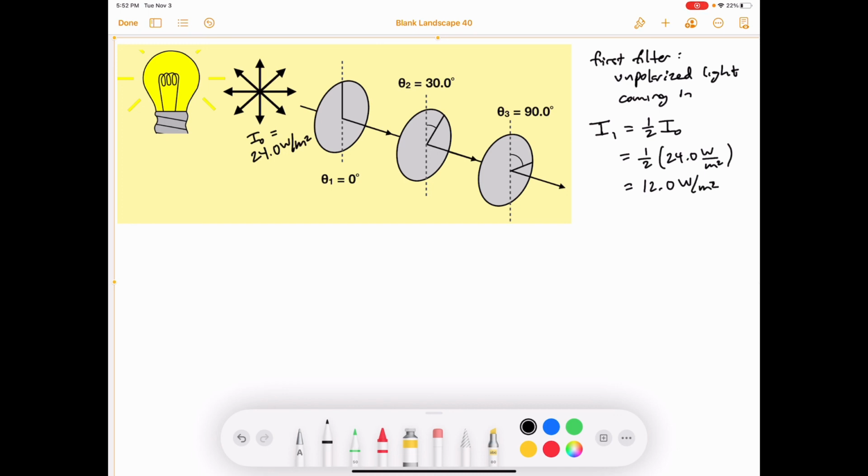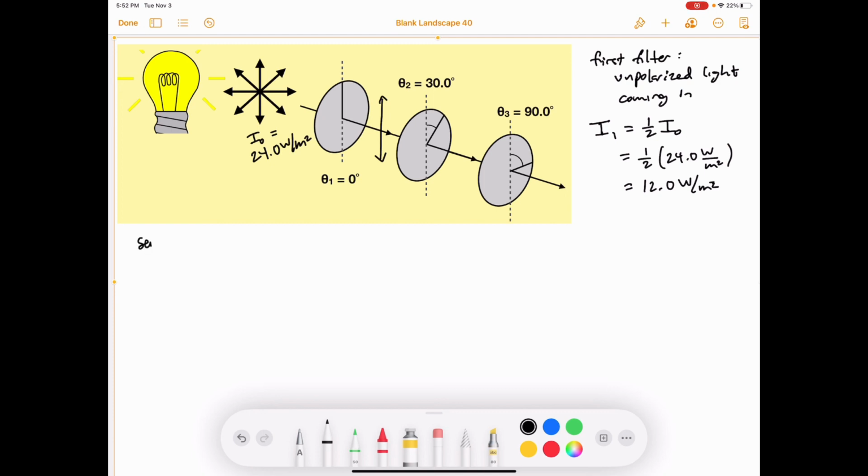So after the first filter, the intensity is cut in half. Also, the light after going through the first filter is now polarized along the axis of the first filter. So we'll show that using an up and down facing arrow along the axis of the first filter like this.